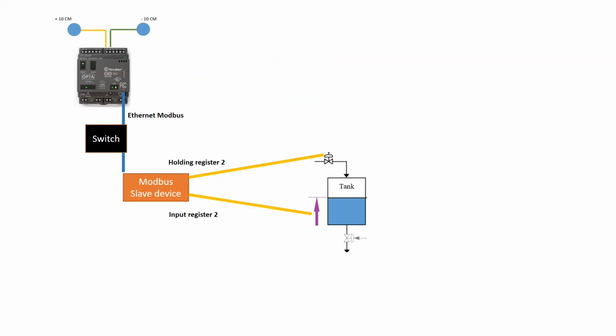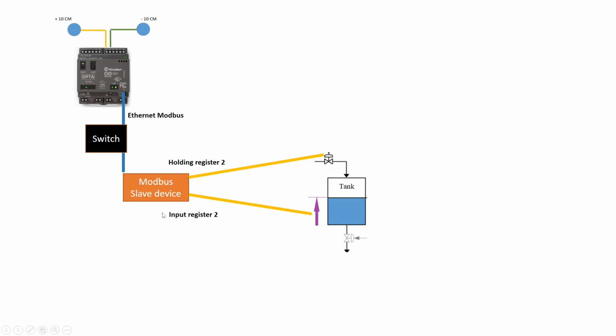In order to finish integrating the existing variables, this is the actual construction that we have. So now we have the Arduino connected to a switch, and the switch is also connected to a Modbus slave device. And in this slave device, we are just going to use two registers.